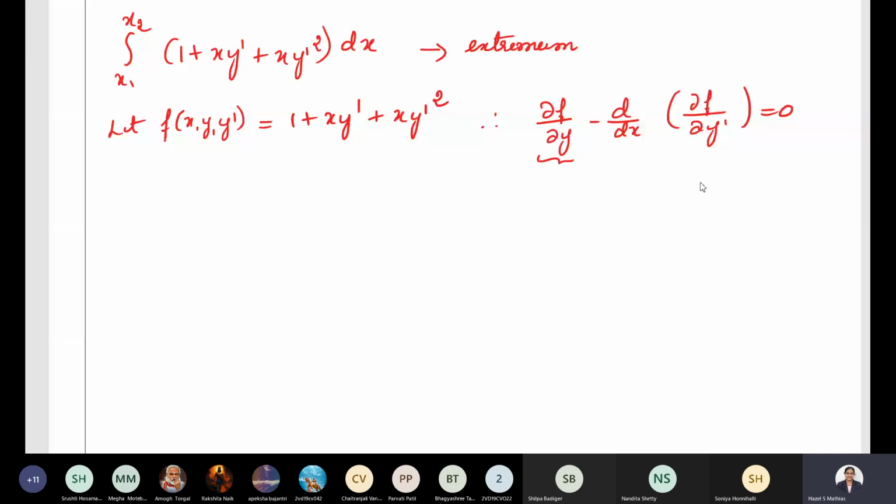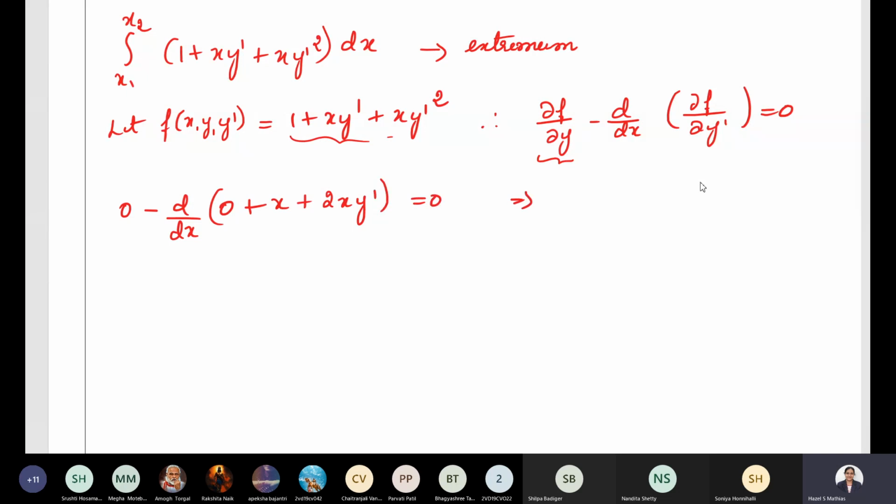So dou f by dou y will be 0, minus d by dx of dou f by dou y dash. Now differentiate this with respect to y dash. What do we get? 1 will be 0, then x into y dash gives x, plus this will be 2x into y dash, that is equal to 0.